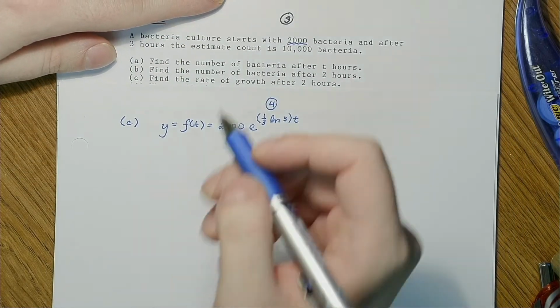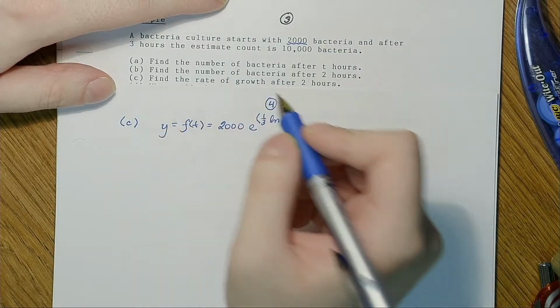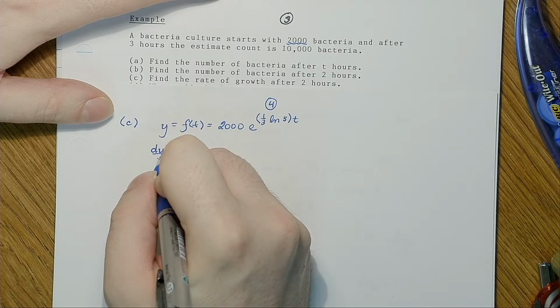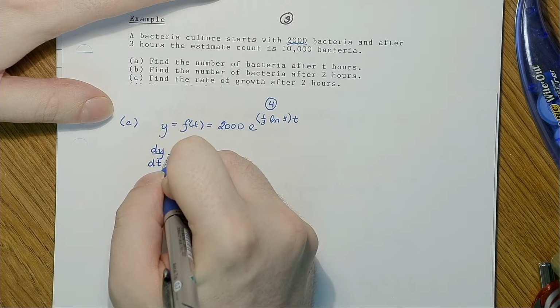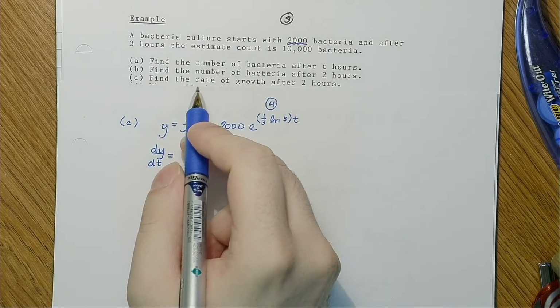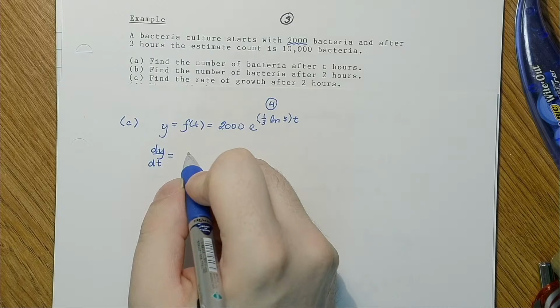So this is asking us what is the rate of growth. That just means what is the derivative? So to find the rate of growth, we'll take the derivative of that.